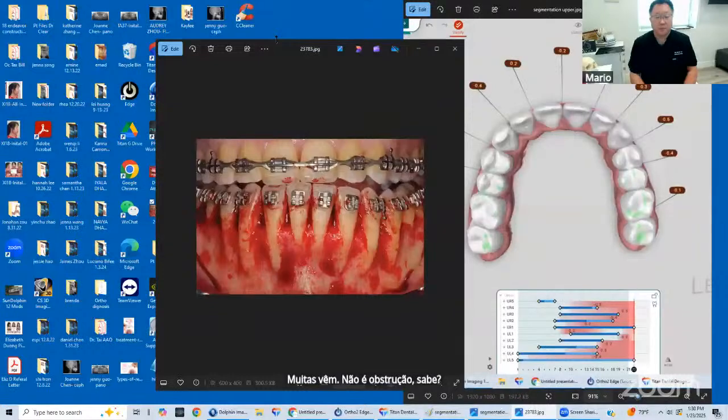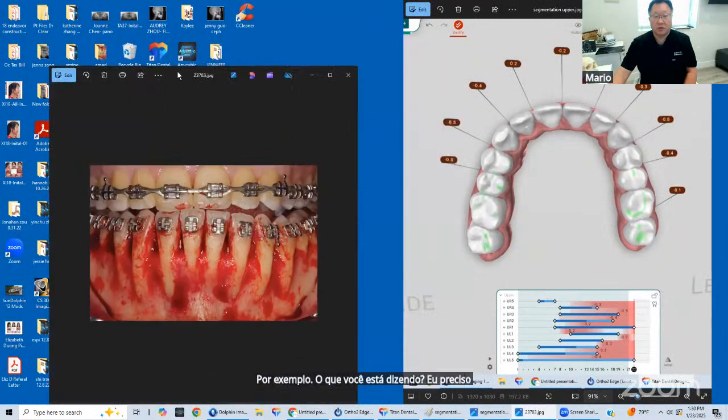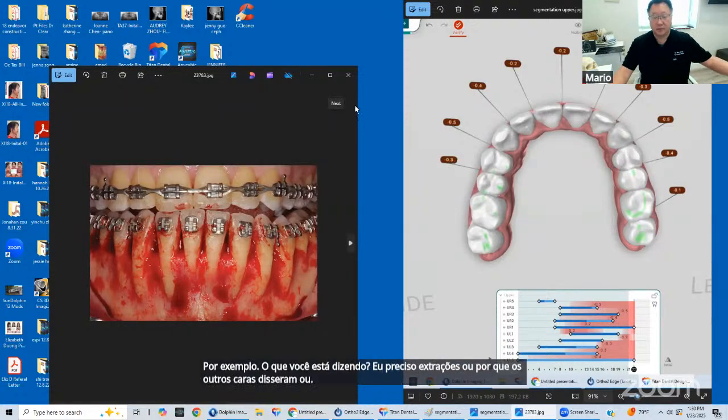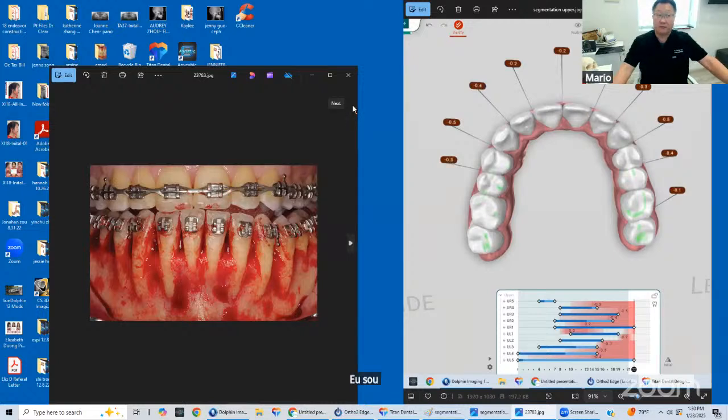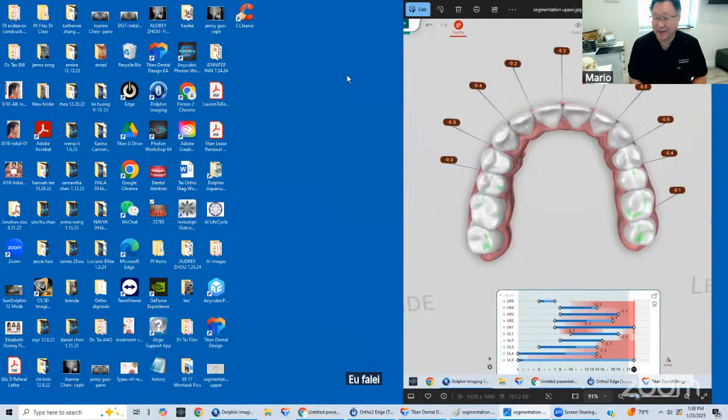Why are you saying I need extractions, or that I cannot do what the other guy, or some other 4 guys, said? And I say, well, because we have to respect our periodontium, right? We have to understand what we can and cannot do. And I show them this. It's so gross, I hate looking at it myself. But I show them that because we need to understand we have to respect our body in order to be able to do some good.